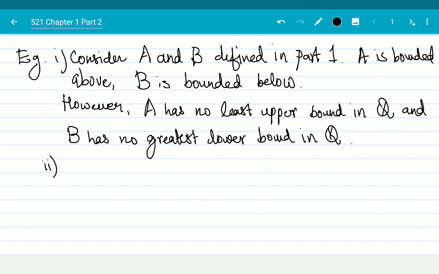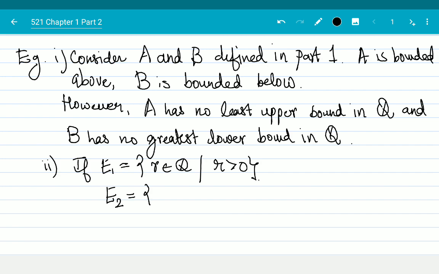Note, more than one set can have the same supremum and infimum, obviously, but it does depend on the set whether the supremum or infimum is in the set or not. For example, E1 is the set of r in Q such that r is greater than 0, and E2 is the set of r in Q such that r is greater than or equal to 0.